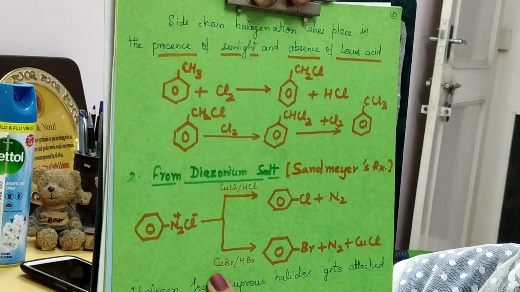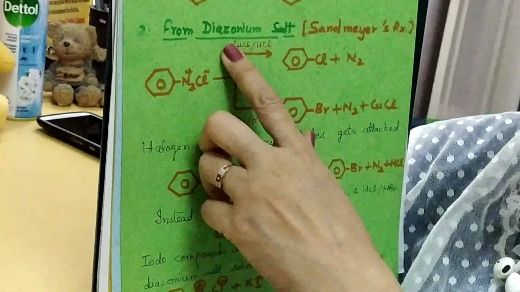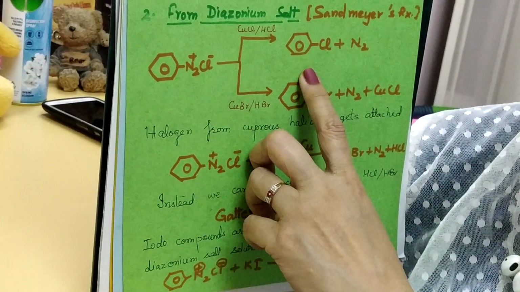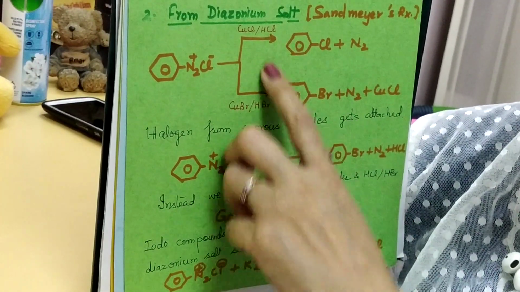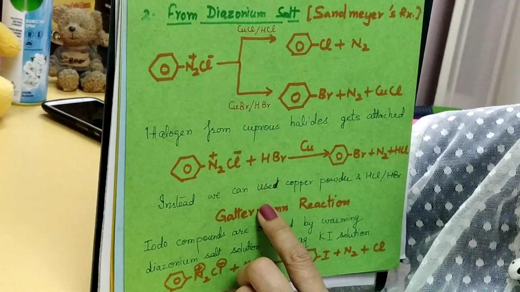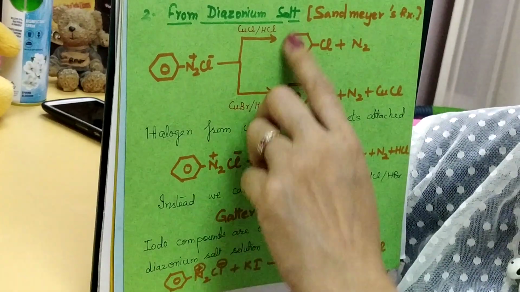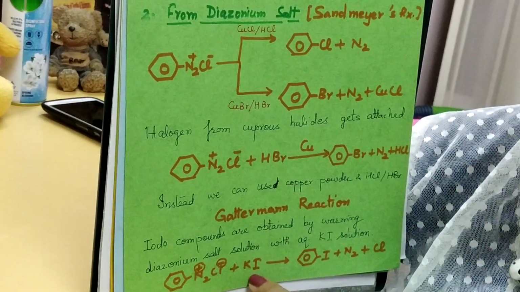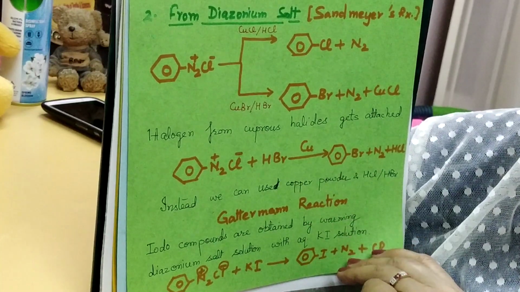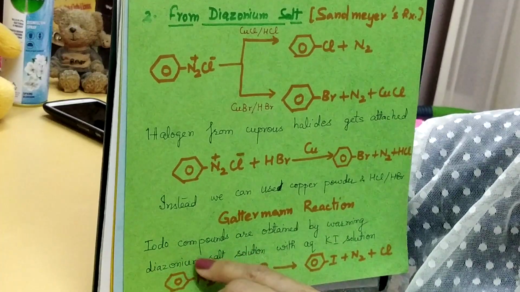The next method of preparation is the Sandmeyer's reaction, that is, from diazonium salts in the presence of copper halide and the respective halogen acid, we obtain aryl halides. An improvement over this reaction is the Gattermann's reaction, in which you can replace the copper halide with copper powder, and we can prepare aryl iodides by this method.